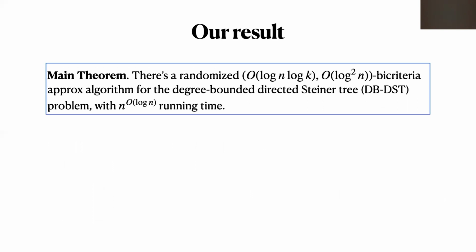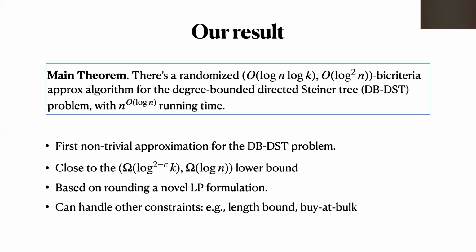Our main result for this problem is a randomized approximation algorithm with quasi-polynomial running time. This is the first non-trivial approximation algorithm for this problem. And our approximation ratio is not too far away from the optimal. So we have order log n log k approximation ratio on cost, but we violate the degree bound by order log squared n factor.